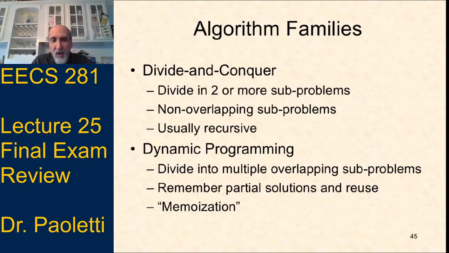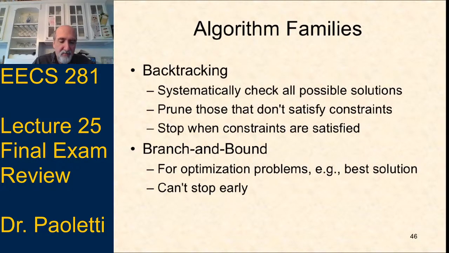Divide and conquer, we talked about when we have non-overlapping subproblems. Dynamic programming, when we have overlapping subproblems. Backtracking and branch and bound, when we don't have a better approach. When greedy doesn't work, when DP doesn't work, then we can rely on these to be no worse than brute force and usually better than brute force due to pruning.